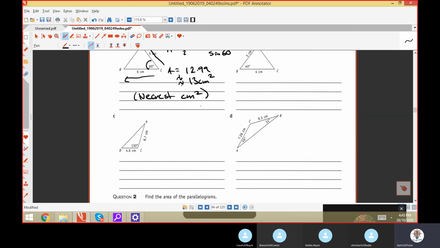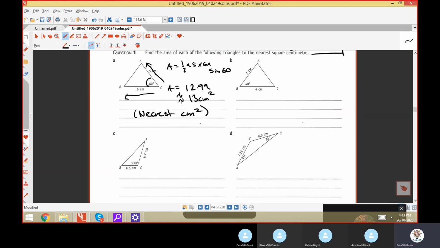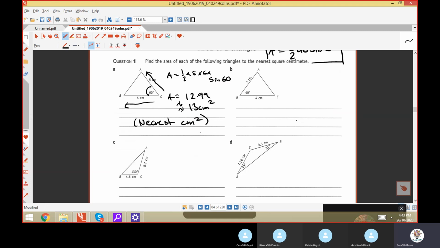The next page is a new formula, this one here. D is an interesting question. I recommend everyone doing that, but A, B, and C is pretty much the same thing.